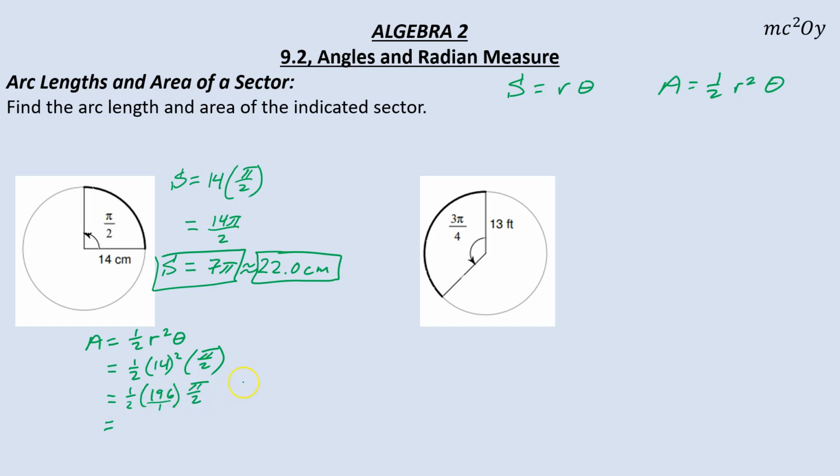You can do some canceling or reducing. Personally, I get rid of that 2, call this 98, get rid of that 2, and call this 49. So I end up with 49 pi, which is about 153.9. And that would be square centimeters.